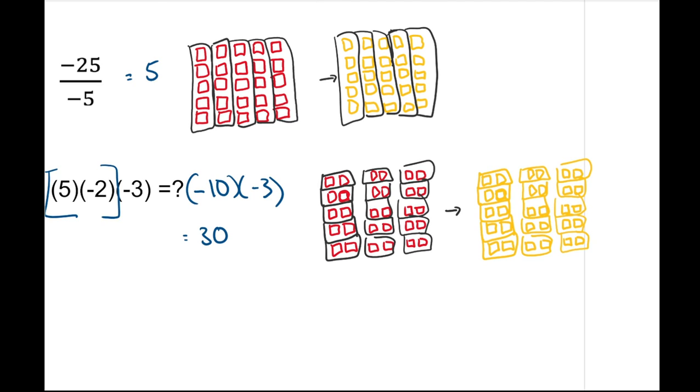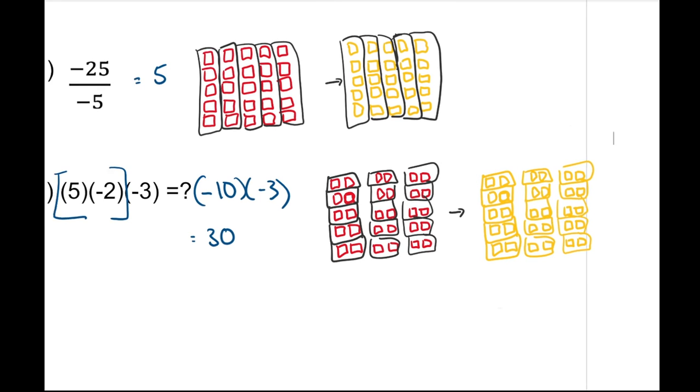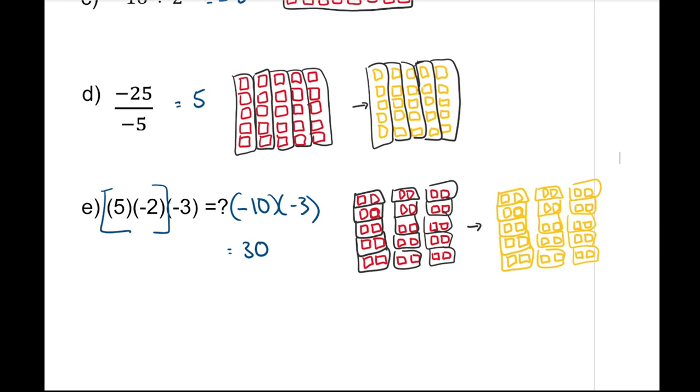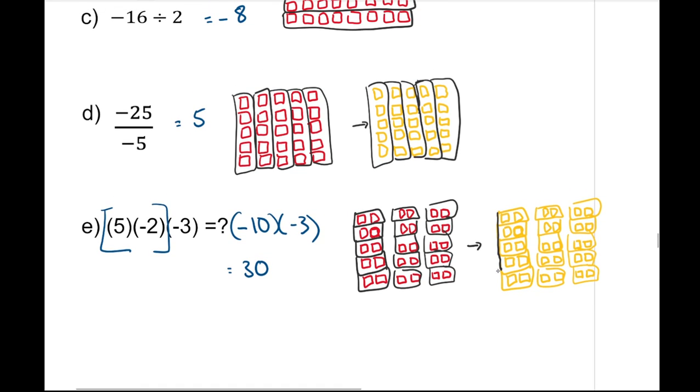So instead of having negative 3 groups, or sorry, 3 groups of negative 10, we're having the opposite, so that is positive 3 groups of 10. So again, it can be difficult when you visualize, but as long as you understand what we're doing, you don't need to visualize it unless you really have to.